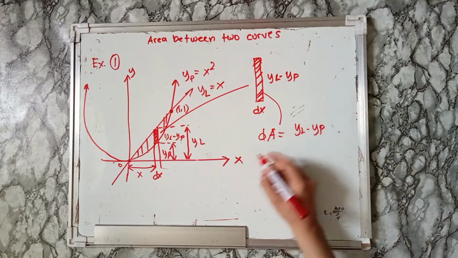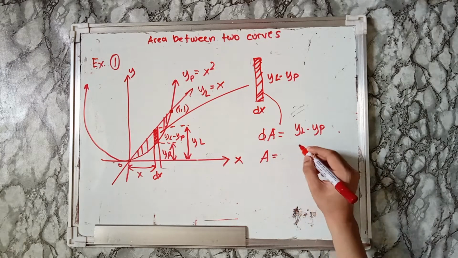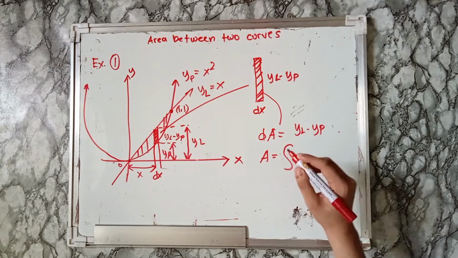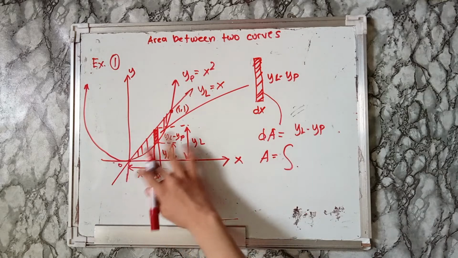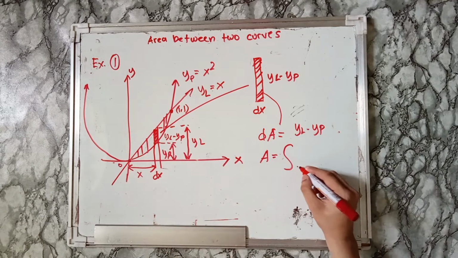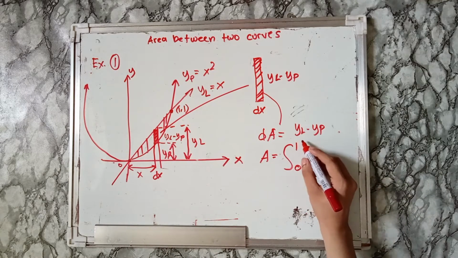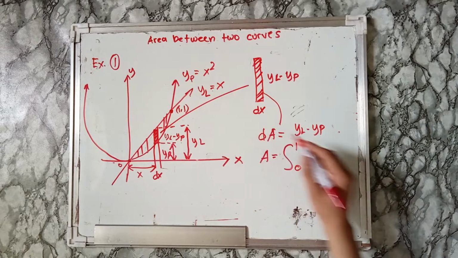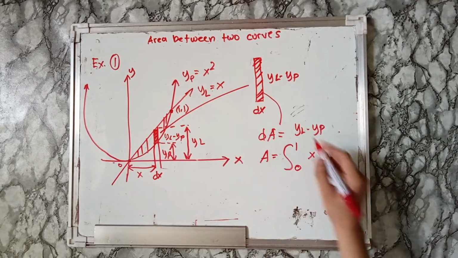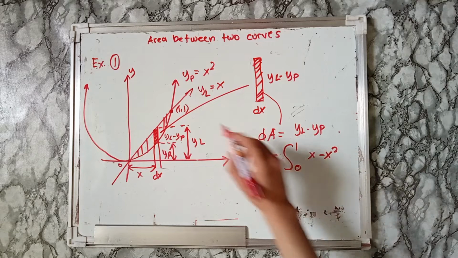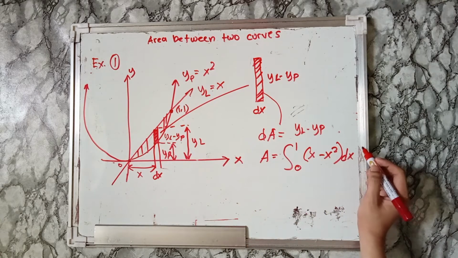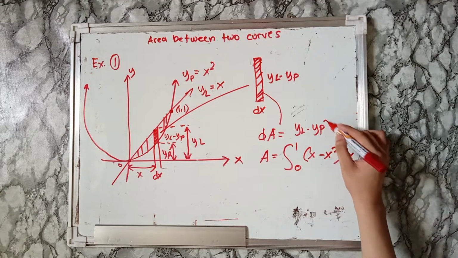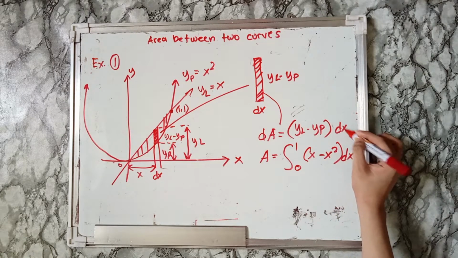Now if we integrate both sides, the area is equal to the integral with limits from 0 to 1. Our y line here is x minus x squared, our y parabola. And don't forget to add dx.